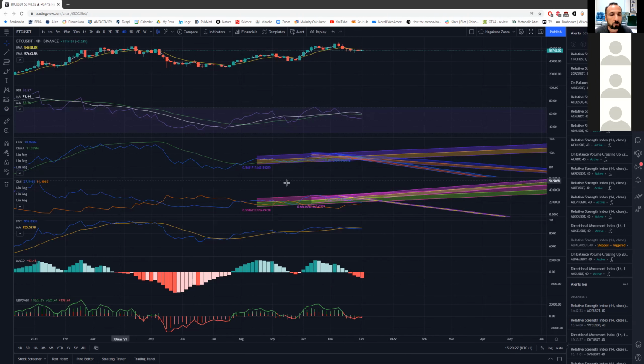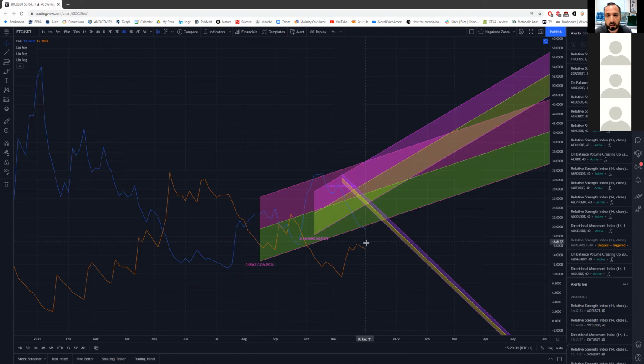The next criterion is that the DMI plus should be above the DMI minus, and at least 2 of the 3 linear regressions, and one of them must be the long one, the 28, should be on an uptrend.